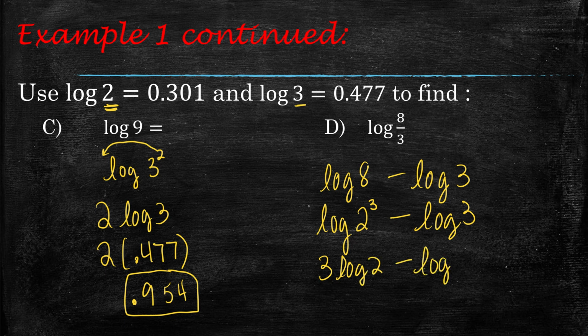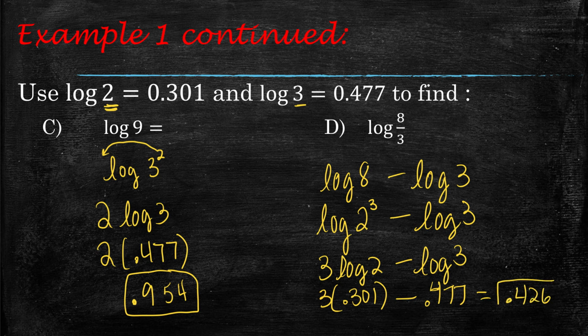And so now I can plug in what I know: the log of 2 is 0.301, the log of 3 is 0.477. And let's figure out what that is using our calculator. And that comes out to be 0.426.